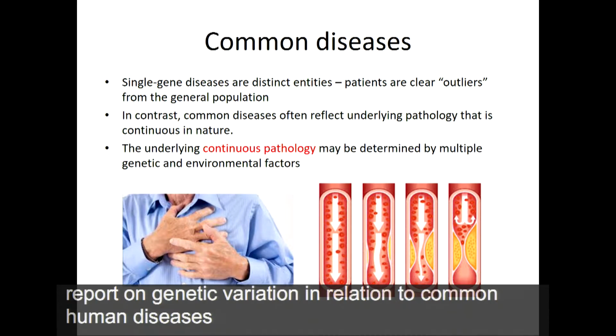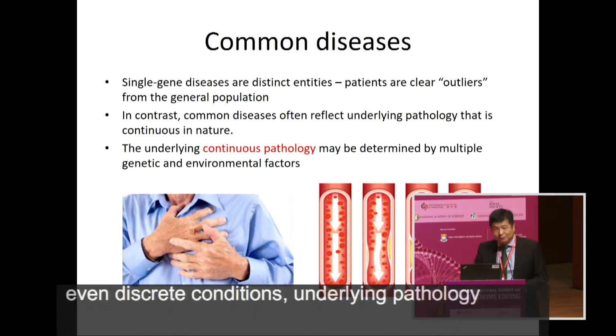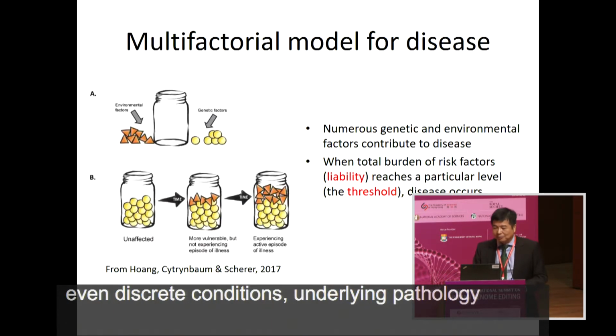In contrast, the boundaries of common disorders are much less obvious, and even for discrete conditions like a heart attack, the underlying pathology is often continuous, in the form of narrowing of the coronary arteries in the case of heart attacks. And the underlying continuous pathology is often determined by multiple genetic and environmental factors acting together.